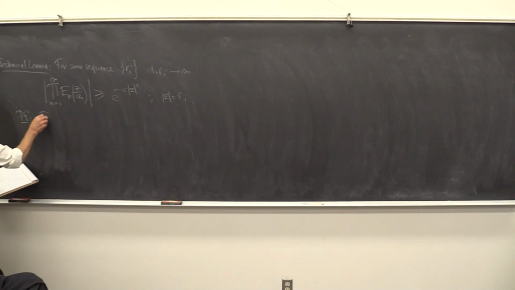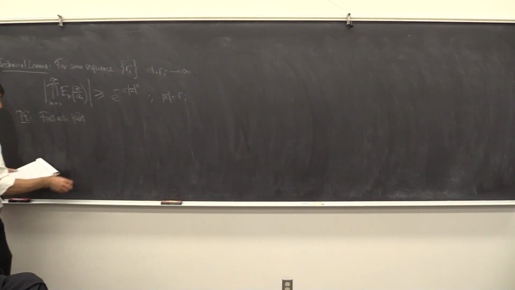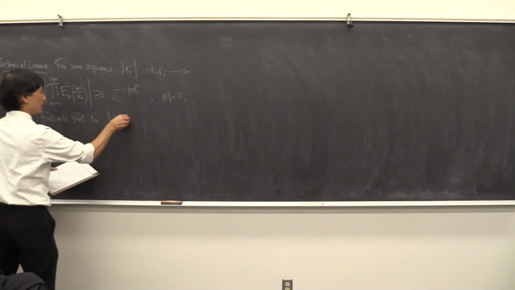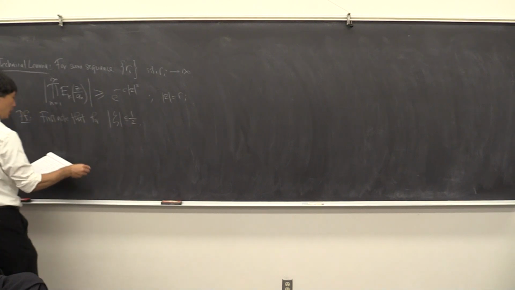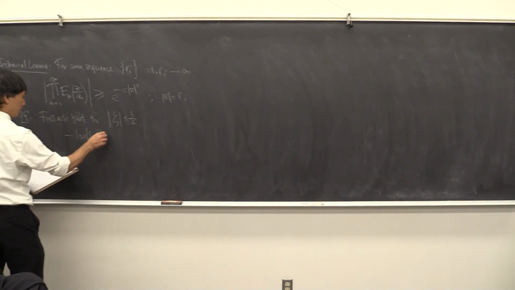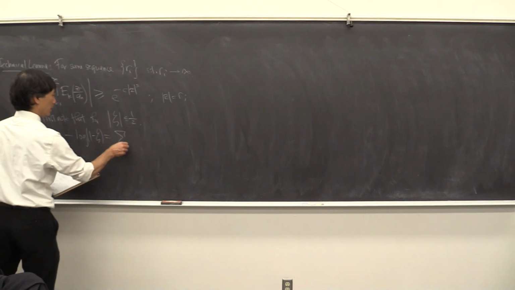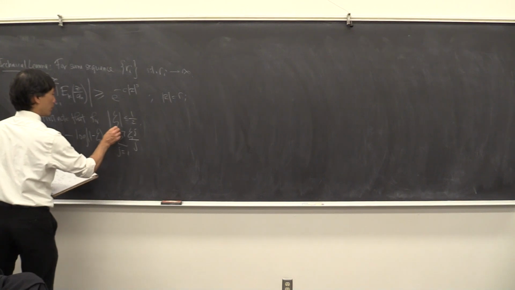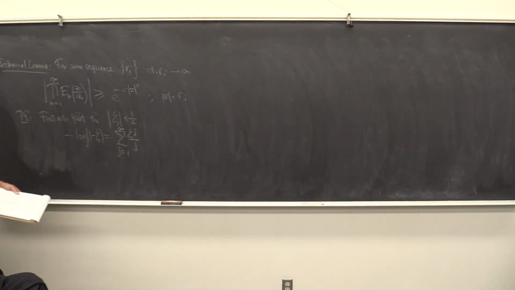Okay, so first notice that for zeta less than or equal to a half, negative log of 1 minus zeta equals the summation of zeta to the j over j as j goes from 1 to infinity.